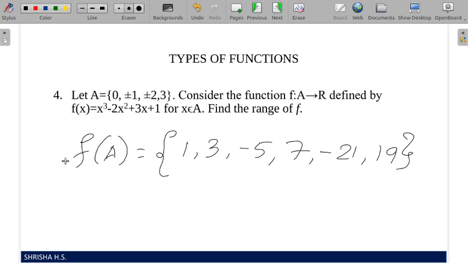Okay, so this is the range. The range f of A is called the range. This is nothing but the range. So this is about the fourth question.